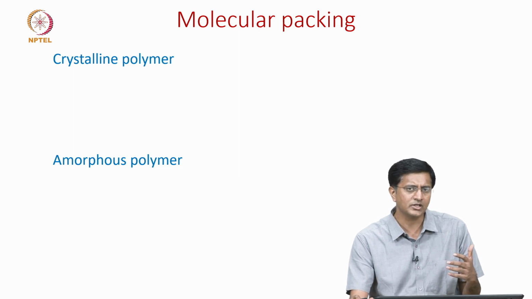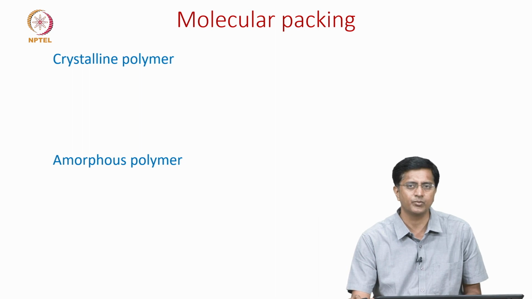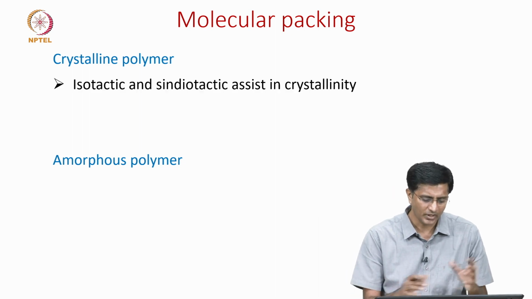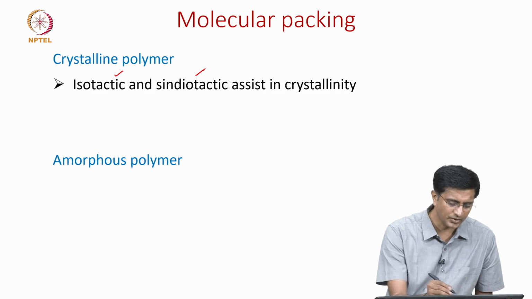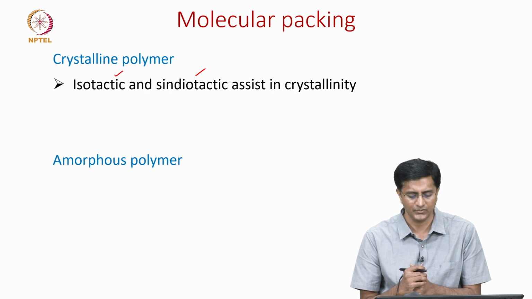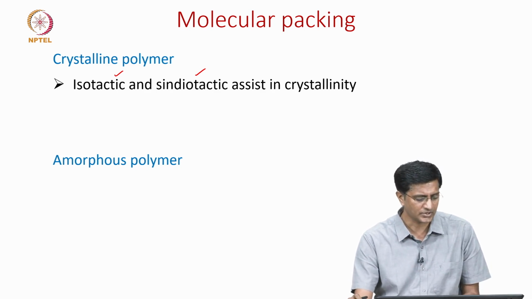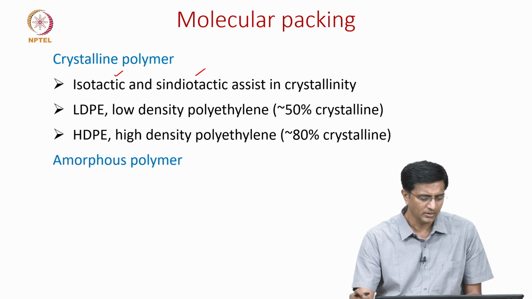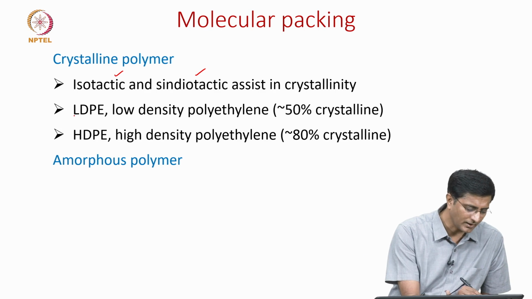But now let us look at under what conditions we have these crystalline polymers. First, as we already discussed in the previous slide, isotactic and syndiotactic will assist the formation of crystallinity. Okay. Let us look at some examples. To start with, polyethylene. I think in one of the earlier videos I mentioned what LDPE and HDPE are.